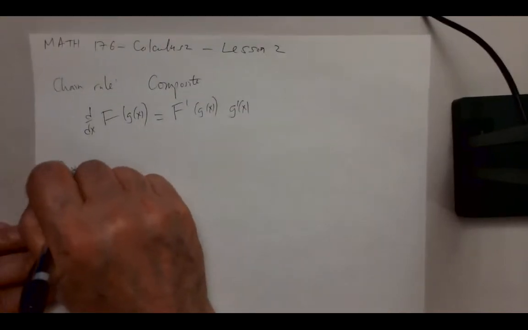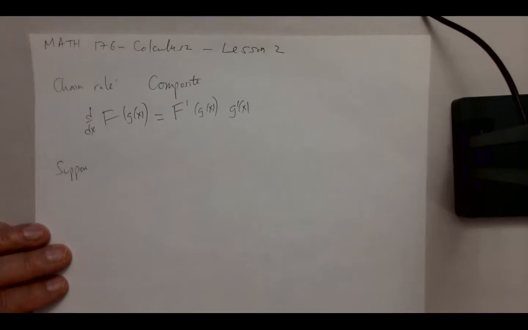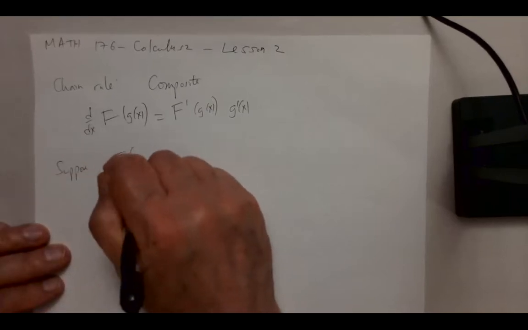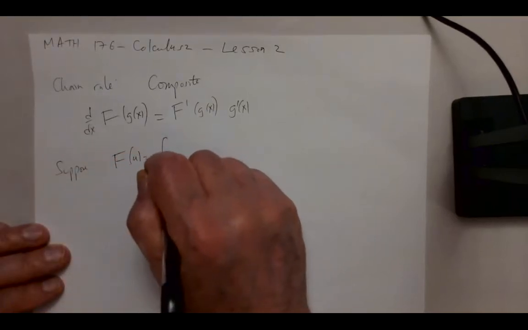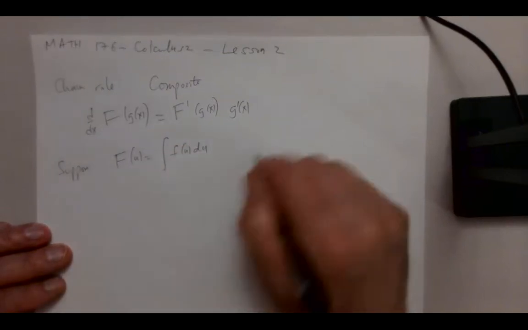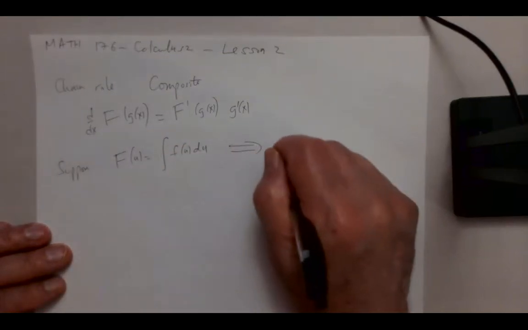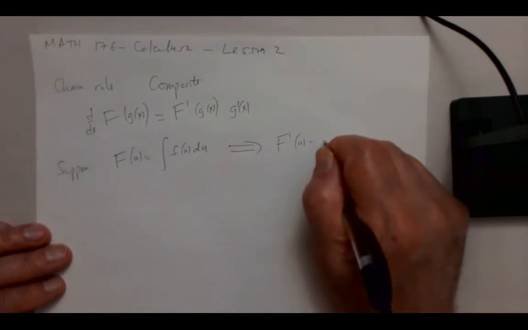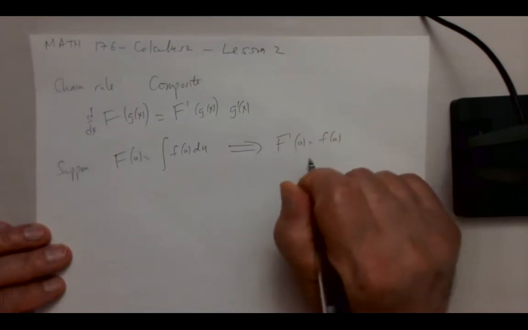Suppose the function capital F is the antiderivative of some function. So suppose F of u is the antiderivative of little f of u du. That means that the derivative of capital F is little f of u.